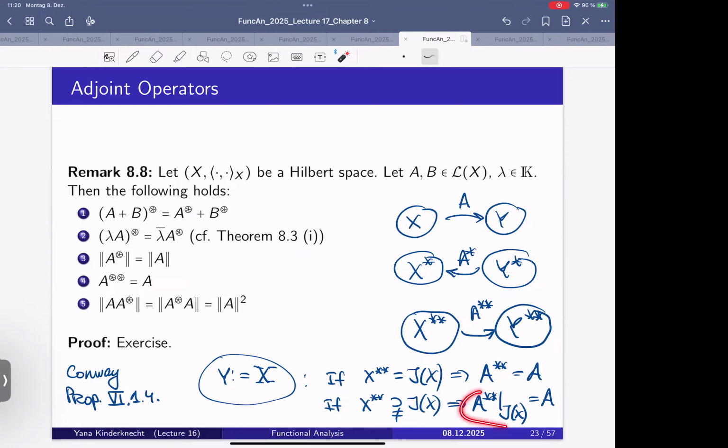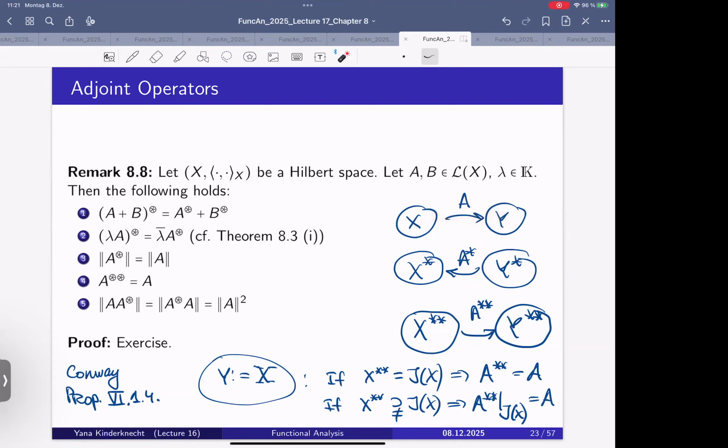This is a proposition that A two stars. This situation corresponds exactly to my remark that the space X star is big enough such that there exist operators from X star to X star which are not topological, which are not adjoint to something from this level.